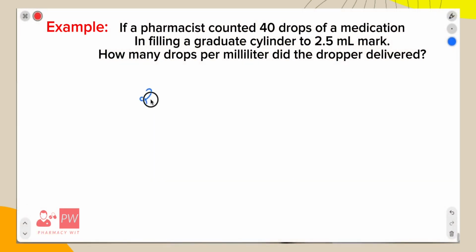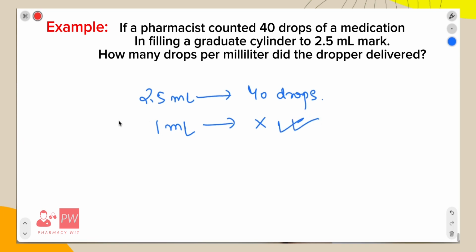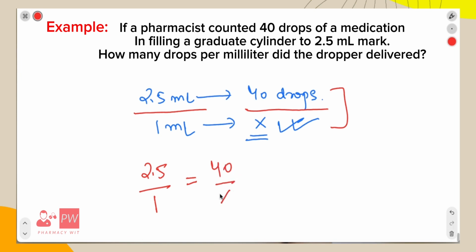So 2.5 ml delivers 40 drops in a graduated cylinder. How many drops will be delivered for 1 ml? For that, we have to calculate the value of x. So 2.5 divided by 1 is equal to 40 divided by x, and by this way you will get the value of x.